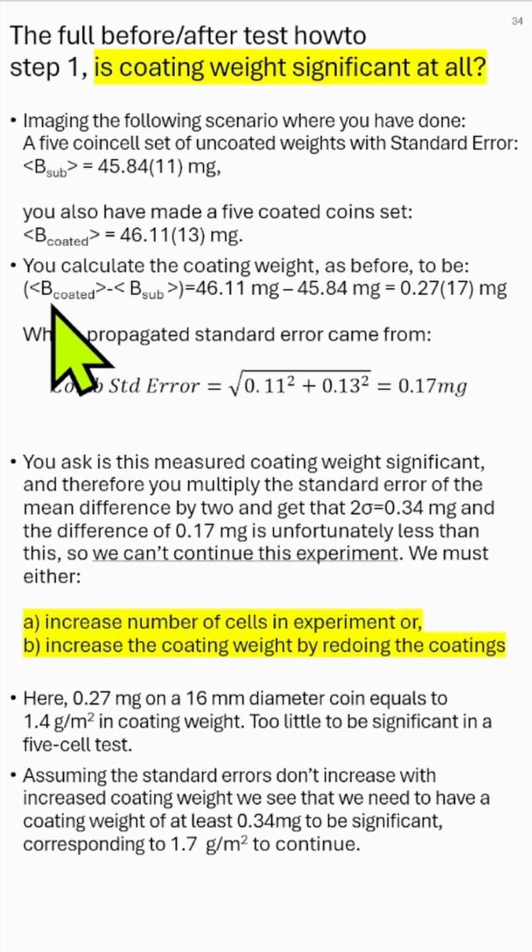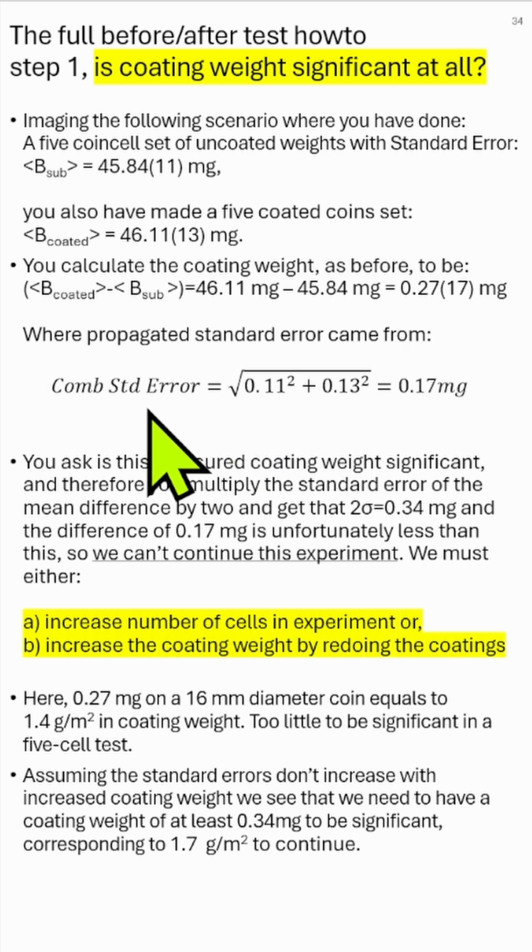Means we subtract the mean values. So we take the mean value of the coated mass minus the mean value of the substrate mass, 46.11 milligram minus 45.84 milligram. And then we get 0.27 milligram as coating weight. And then the combined standard error for that calculation becomes 0.17 milligram.